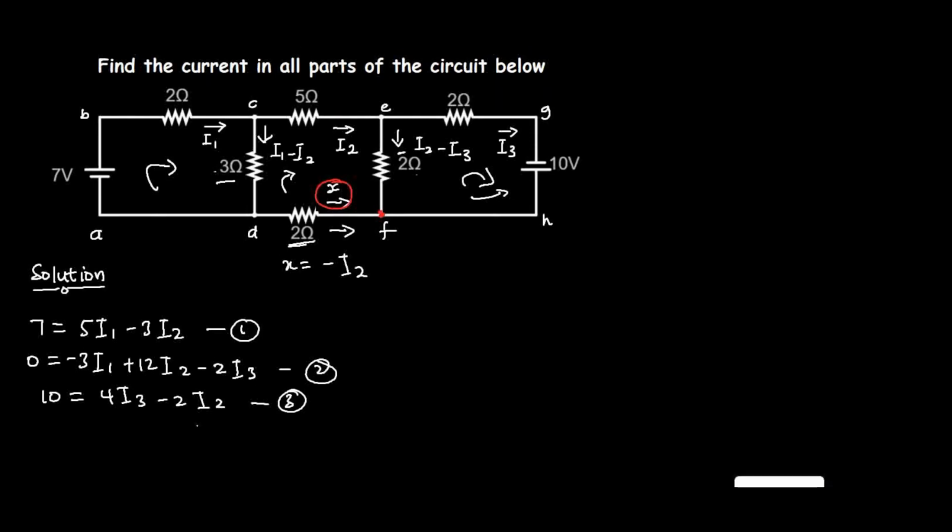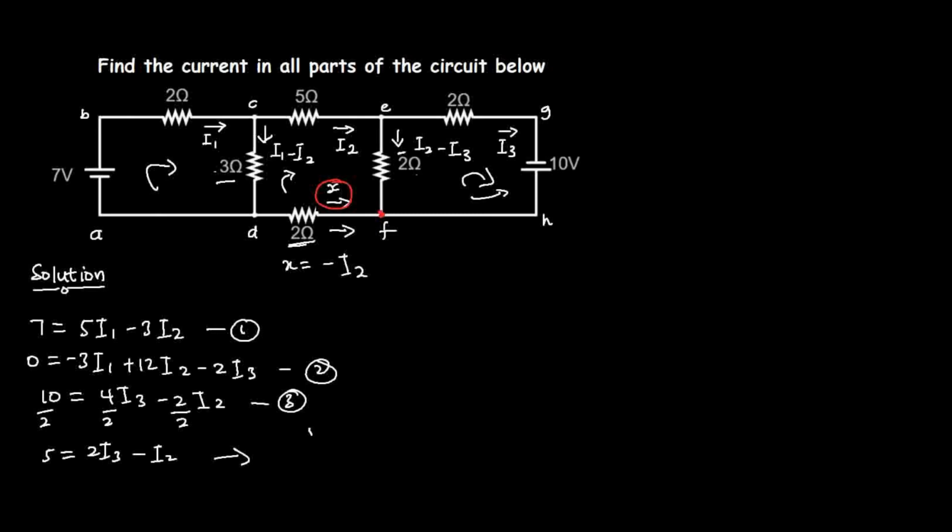But before we do that, let's look at equation 3. You see that you can simplify equation 3 by dividing through by 2. So I'm going to divide by 2, divided by 2, divided by 2. So this will give me 5 equals what? 2I3 minus I2. Okay, so that's equation 3 now. Okay, so from here, I'm going to make I2 the subject.